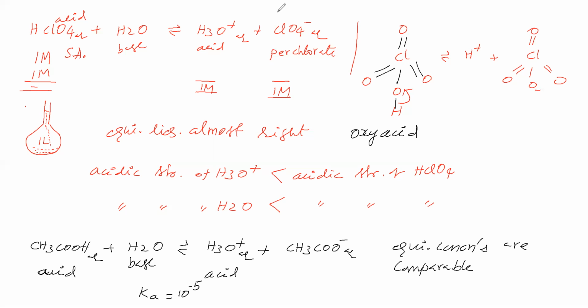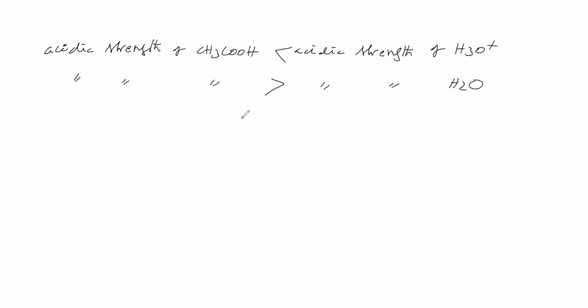That means whatever substance you take will have acidic nature as well as basic nature, and whichever dominates over the other decides how it acts. Here, for this one the acidic nature is dominating, therefore it acts as an acid. For the other, the acidic nature is not dominating, therefore it acts as a base. Comparing the acidic nature of acetic acid and water, acetic acid will have the higher value.